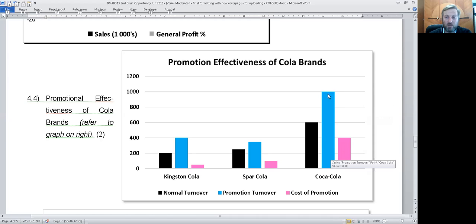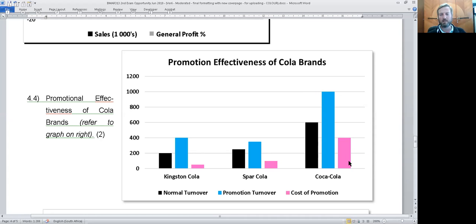We actually can also make a loss because if this was turnover, which it is in this instance, it's not actually a profit.